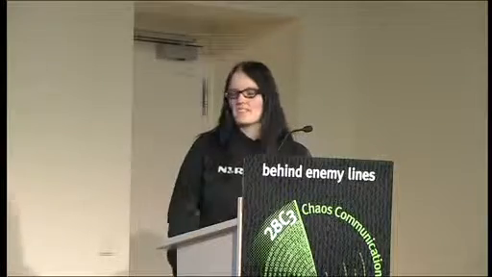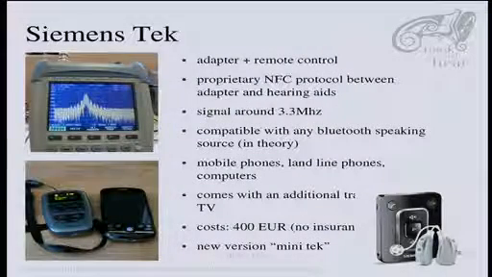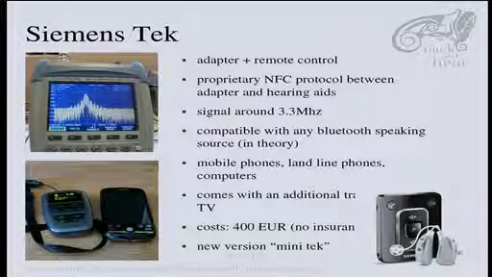Siemens' solution was, of course, not to use any of the existing standards, just build something new. They built something called Siemens Tek, and it talks Bluetooth to the phone or whatever you connect it to, and some wireless near-field protocol to the hearing aids.